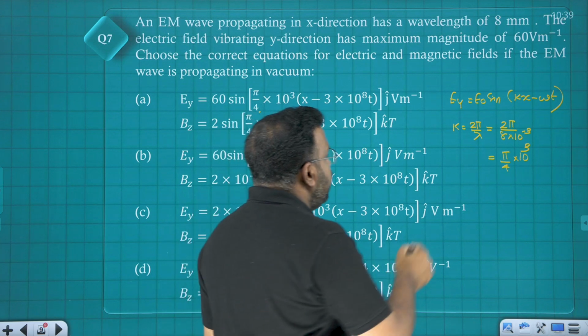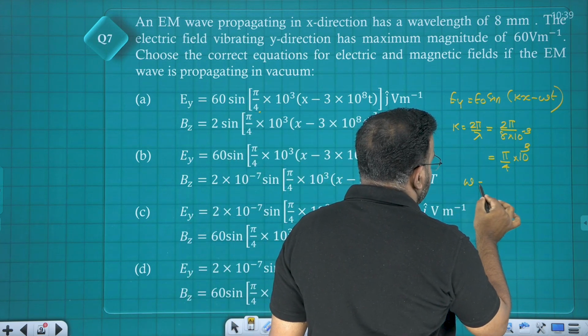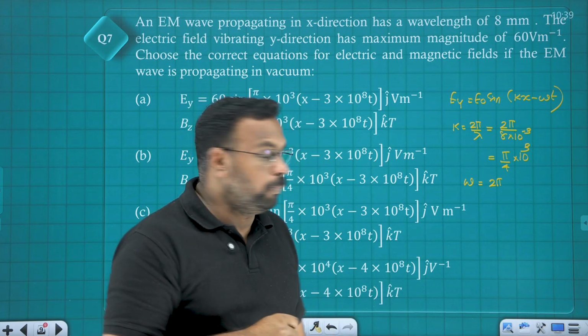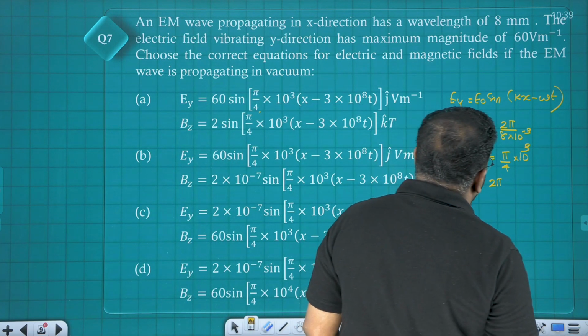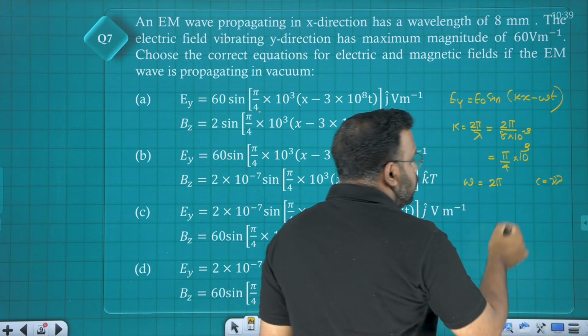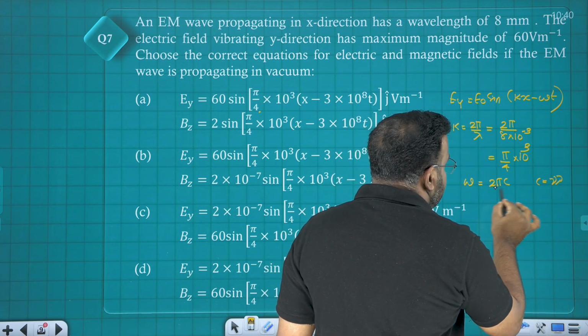Now we have to find the omega value as well. Omega is equal to 2 pi into nu. But the wavelength is given, so in terms of lambda, how can you find nu? c is equal to nu lambda, so nu is equal to c by lambda.